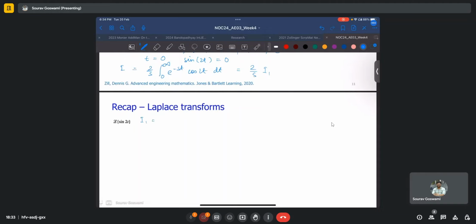Now let's compute I1. So I1 again is an integral of a product of functions, 0 to infinity e power minus st cos 2t dt. Again, to make life easier, we'll take v to be the exponential.